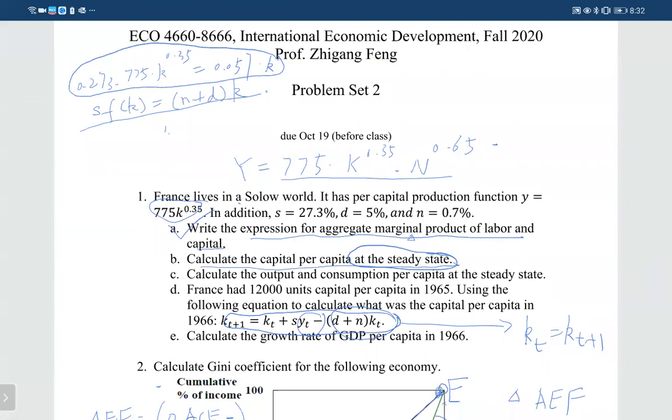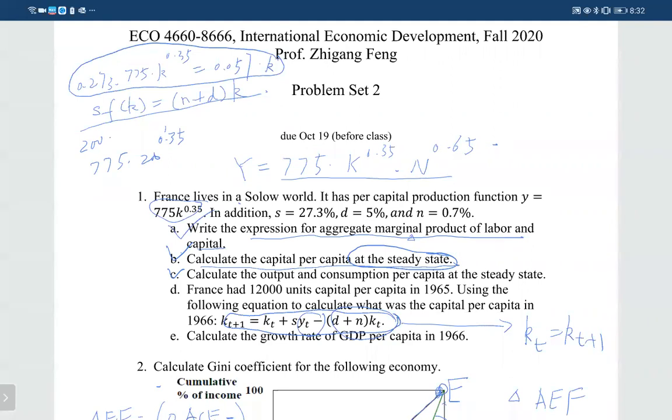Now this is B and C, so it asks you to calculate output. How are you going to calculate output? Once you find K star, let's just make up a number. If K star equals 200, then output equals 0.775 times 200 to the power 0.35.